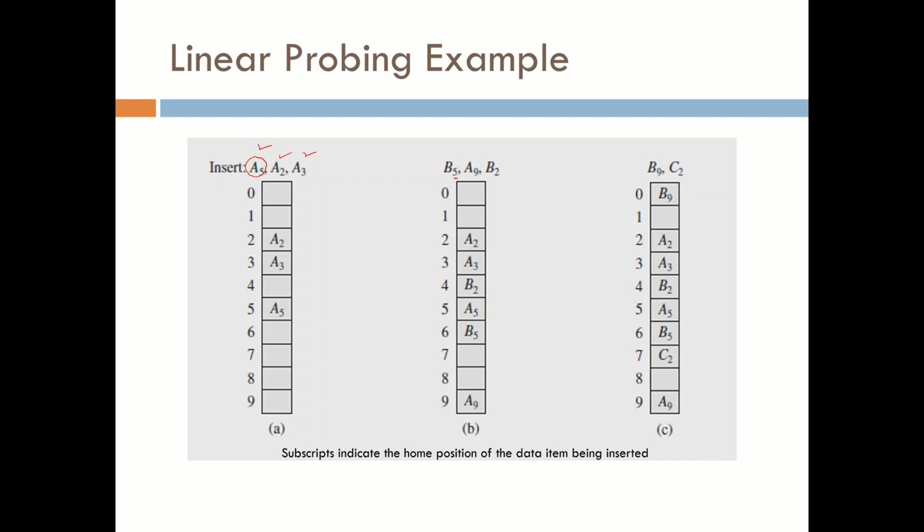I add 1 to the 5, I get 6, then I mod by the table size, and I end up in location 6. B5 would like to be right here, this is B5's home, but it can't be there because A5 is already there. So we add 1 to the probe, we normalize, and B5 is in our table.